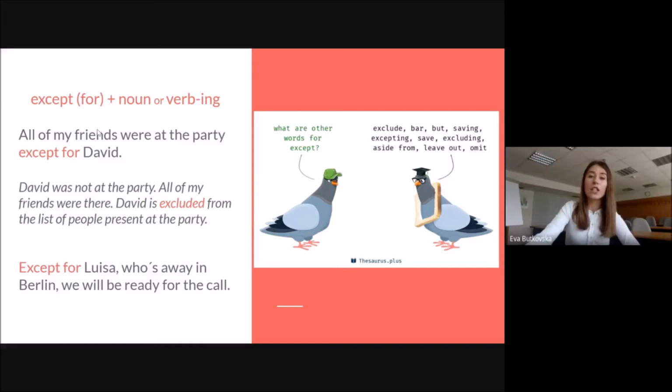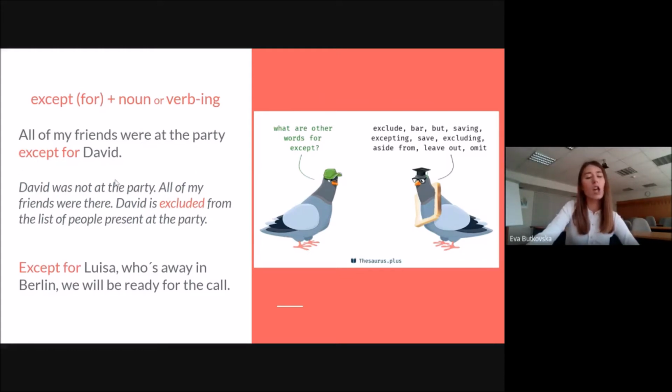But like we said, a verb in ing form is really a noun to understand. So all my friends were at the party except for David. David was not at the party. All my friends were there. David is excluded from the list of people present at the party.